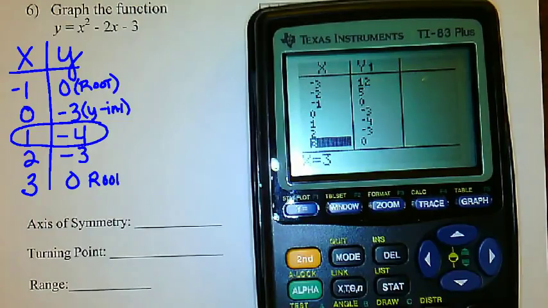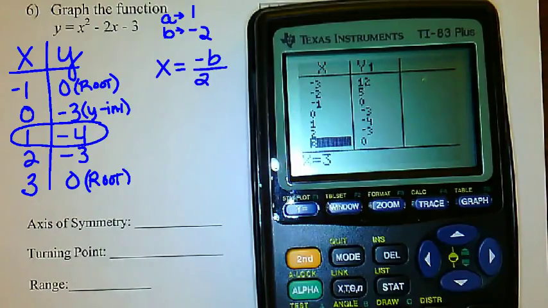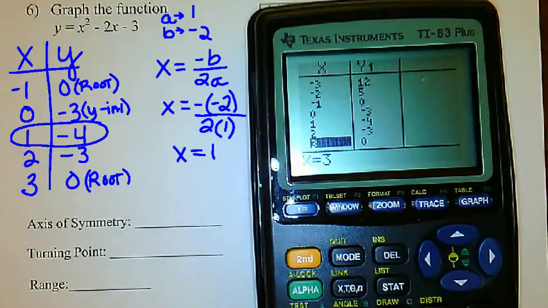and root. Okay. The next thing I'm going to do is find the axis of symmetry using algebra. So a is equal to 1, b is equal to negative 2. So again, write x equals negative b over 2a. Remember, that needs to be memorized. Okay, if I have a negative with a negative, remember that is actually positive. Okay, so negative times a negative 2, that would be a positive 2 divided by 2, so my axis of symmetry is actually 1.